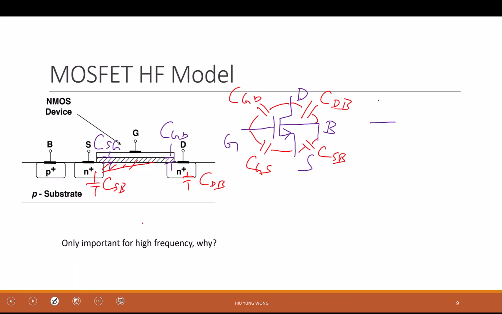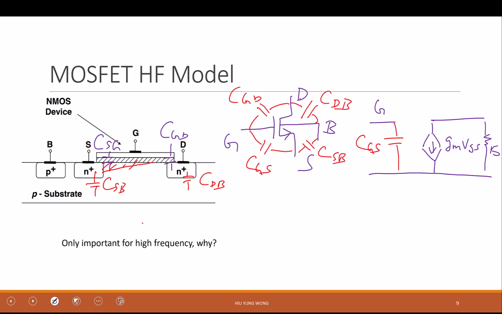I have a gate. I have the gm vgs. I have ro, right? That's it. But then now it's time to fill up the capacitor. What do you call this? CGS, very good. How about this? CGD, right?